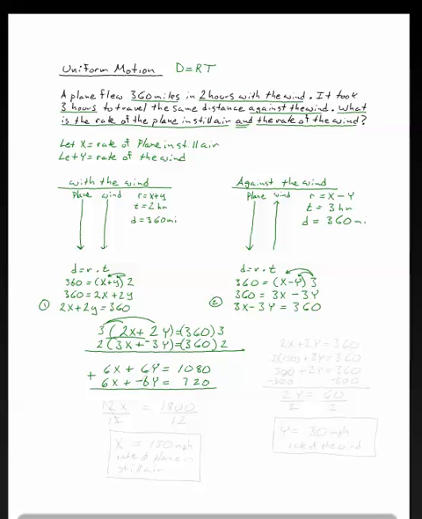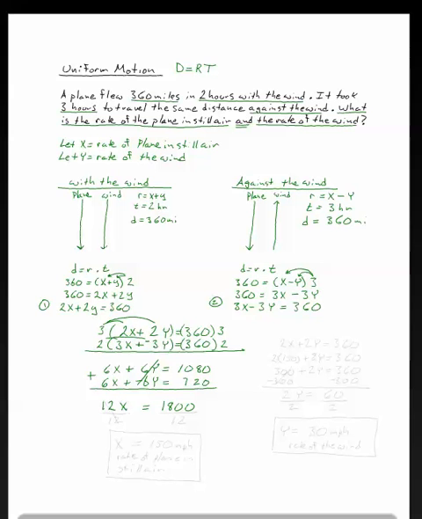Now I want to add these together, so 6x plus 6x is 12x. 6y plus negative 6y is 0y, so that cancels. And then 1080 plus 720 is 1800.